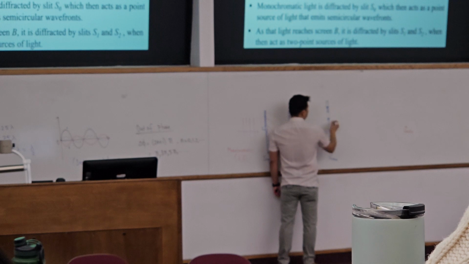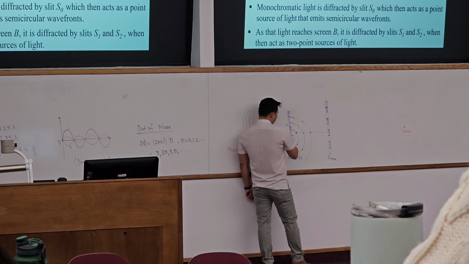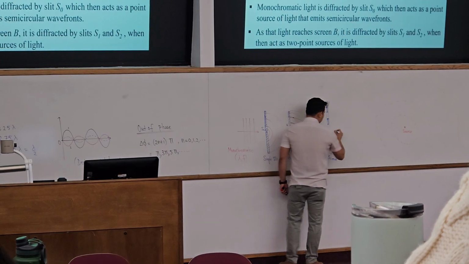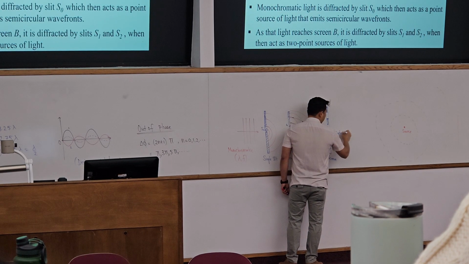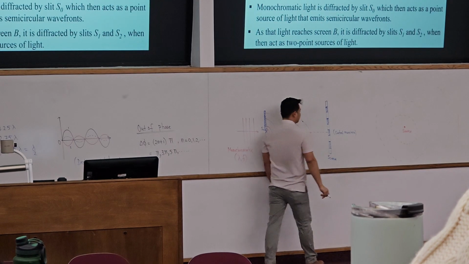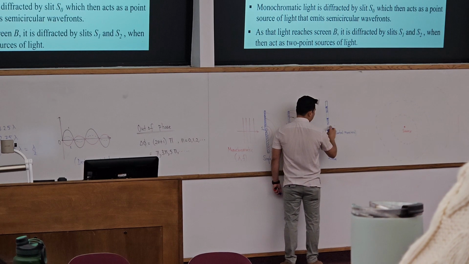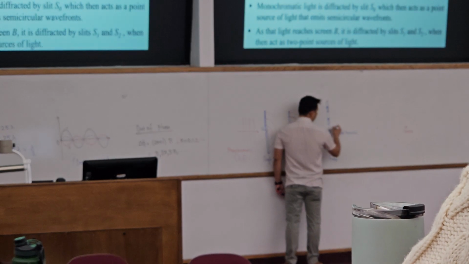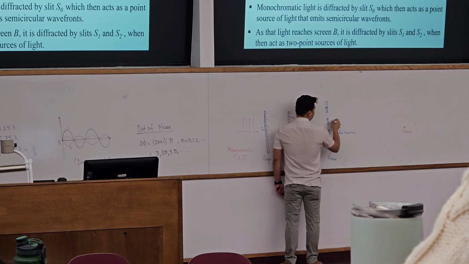They have the same width, but they are alternating. This is the center of this slit, so it's called the central maxima. It's always maxima. Central maxima. And you have a minima. This is a minima. It's a maxima. The maxima.